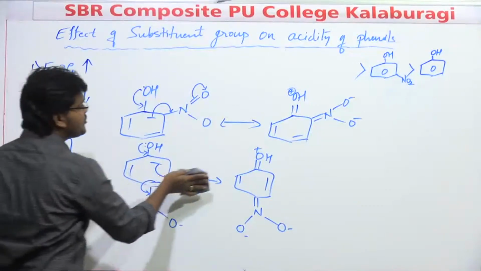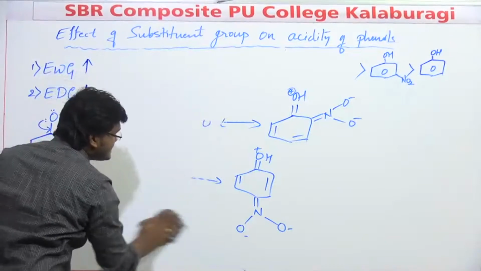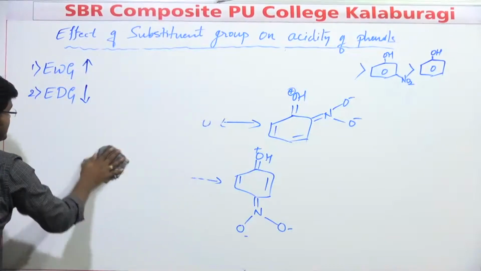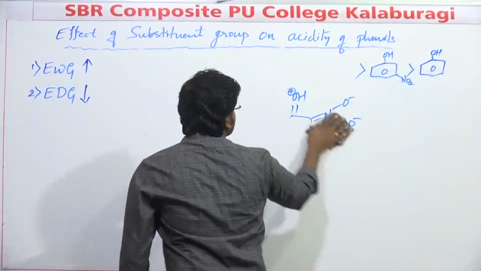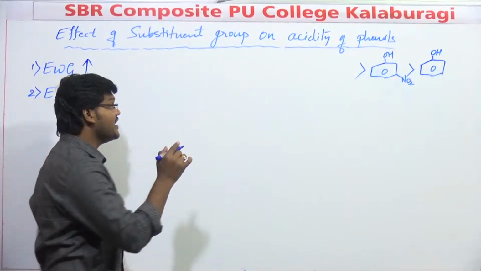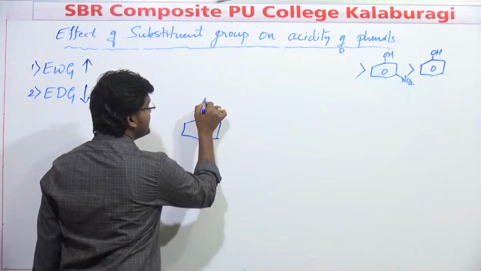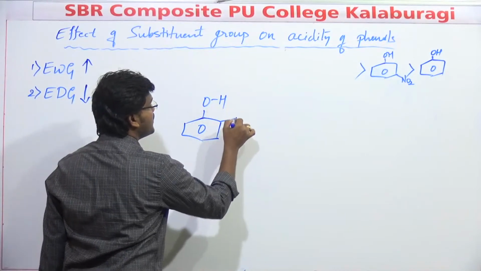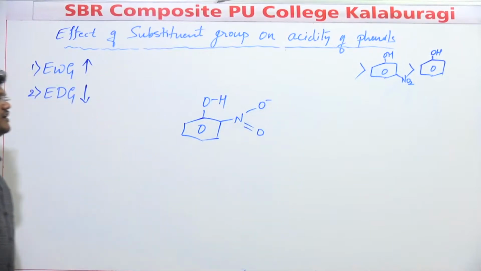Okay, now let me talk among orthonitrophenol and paranitrophenol. In case of orthonitrophenol, there is a chance of formation of intramolecular hydrogen bonding, with double bond O and single bond O. So this is my orthonitrophenol.